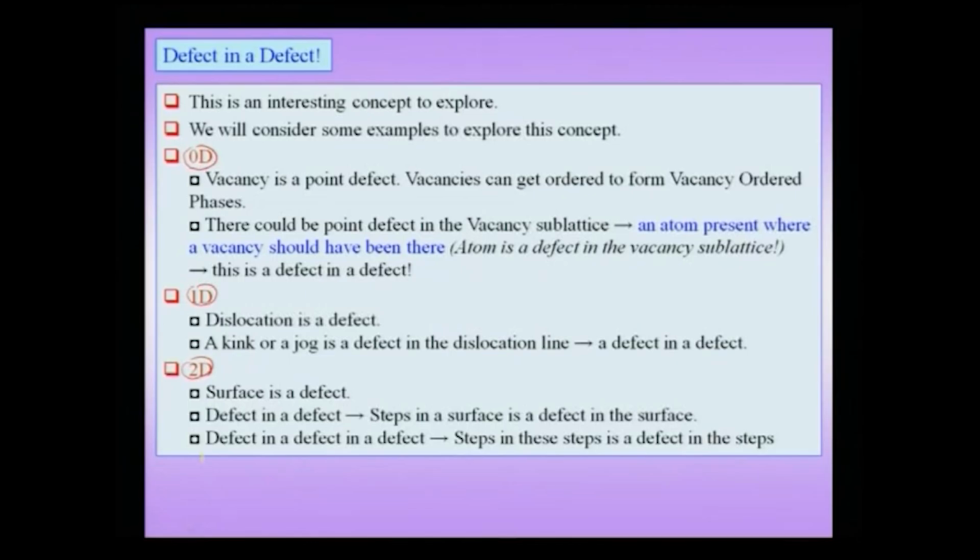We had noted that a vacancy is a point defect in a crystal. Vacancies can get ordered to form vacancy ordered phases. Once you have a vacancy ordered system in which one of the sublattices is occupied purely by vacancies, there could be a scenario in which an atom is present on a vacant sublattice site.